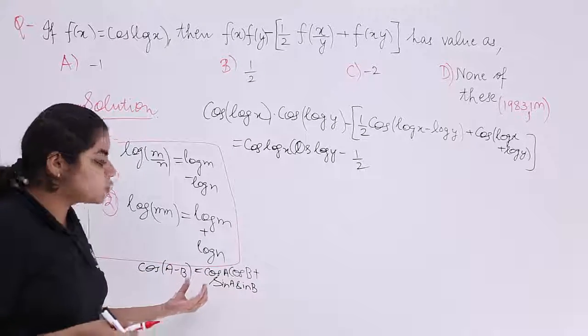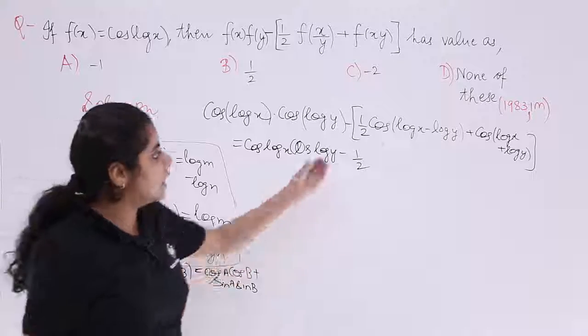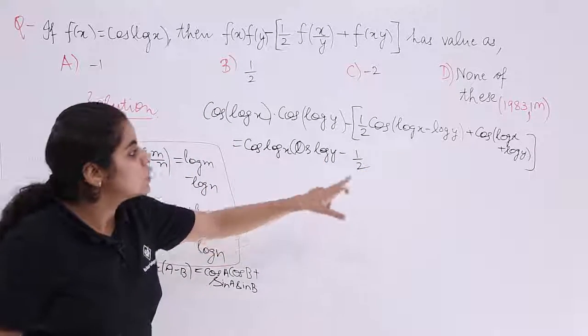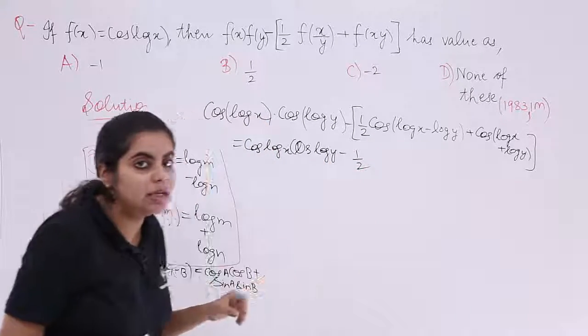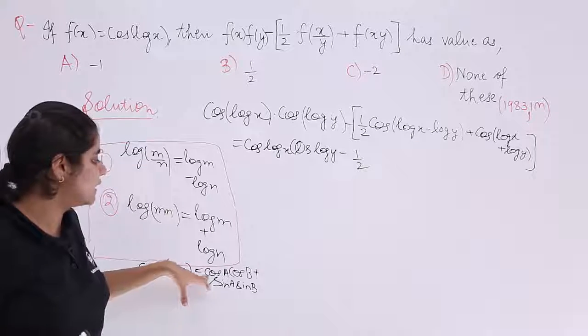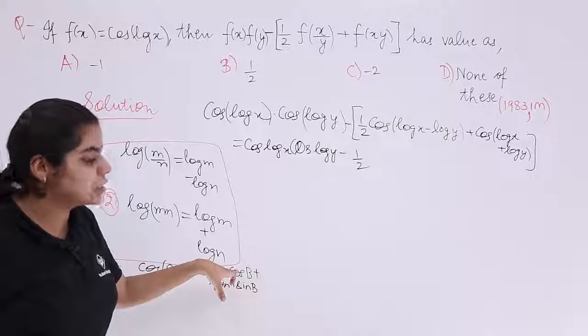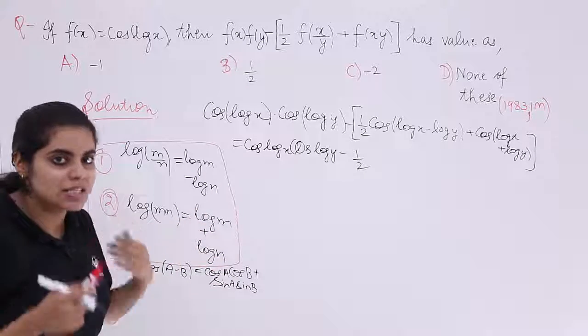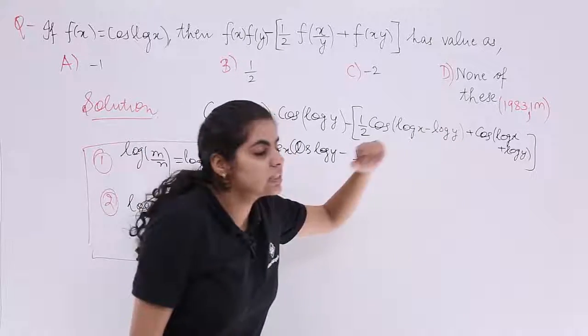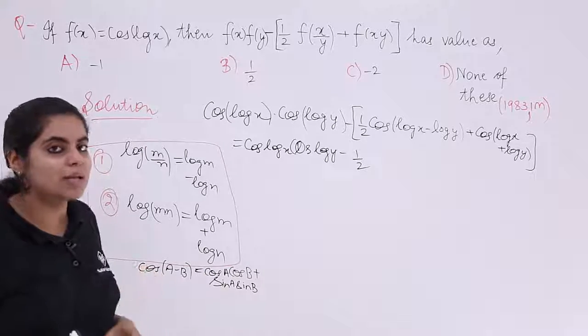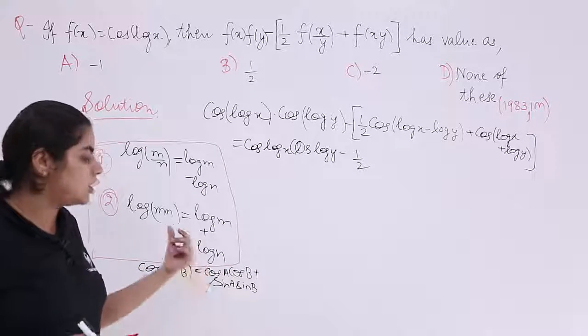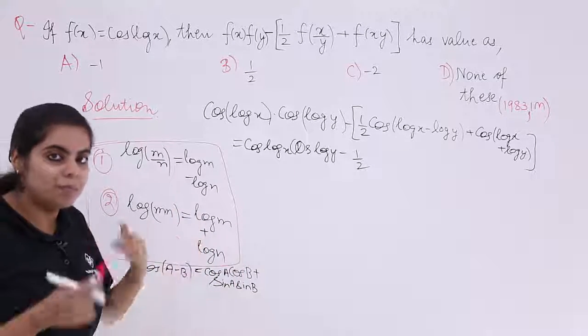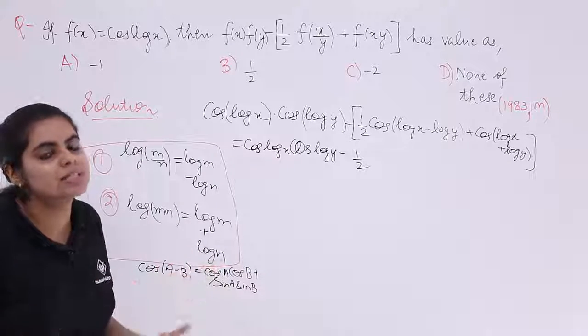Now, when you apply the formula here, cos(a minus b) is cos a cos b, that is cos log x, cos log y plus sin log x, sin log y. Similarly, for the second term, you have the formula cos(a plus b), which will be cos log x, cos log y minus sin log x, sin log y.